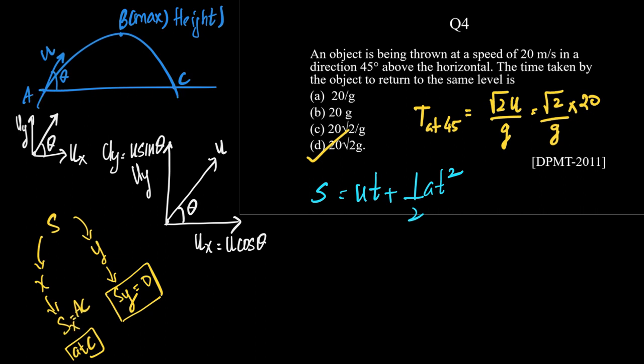Now what is Sy? Sy is the displacement in the vertical direction. When the object is at C, is there any vertical displacement? No. So if you draw a vertical axis here, at this point it has both vertical displacement as well as horizontal displacement.